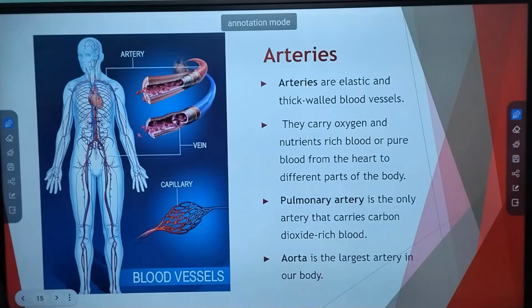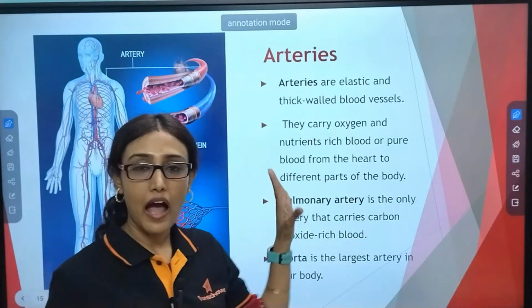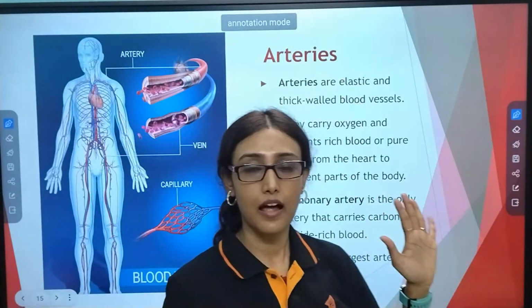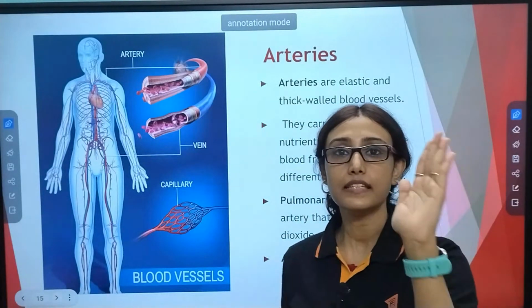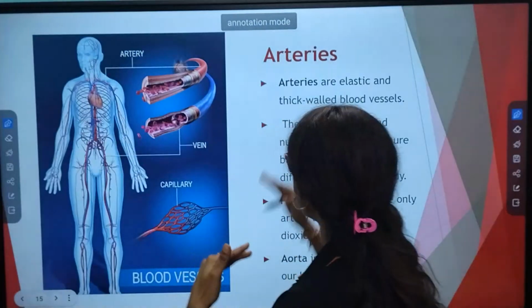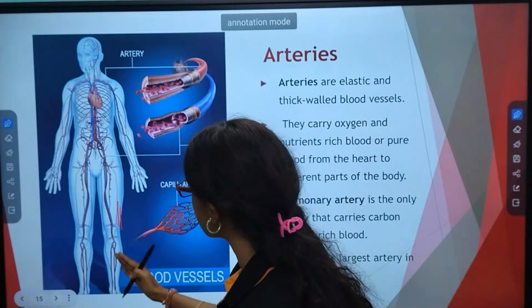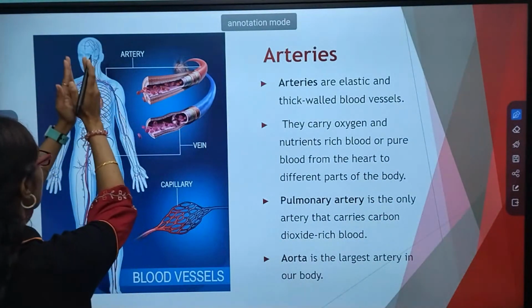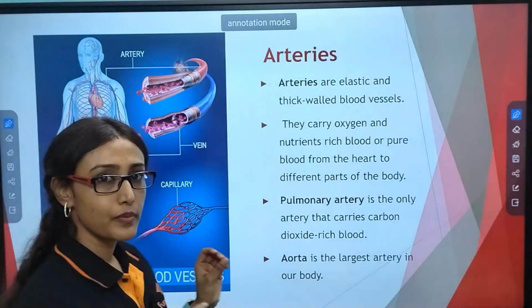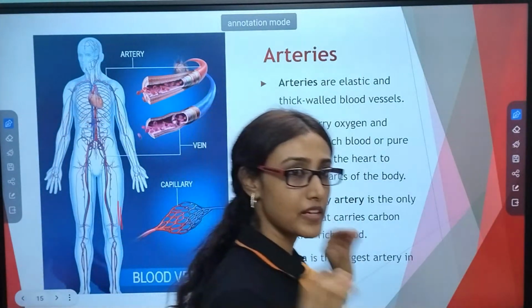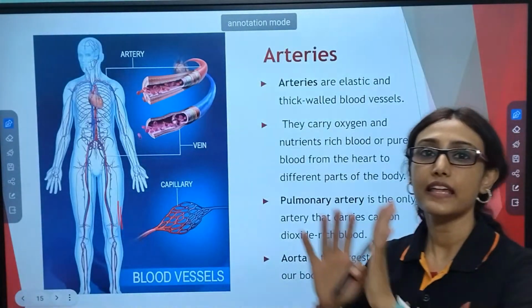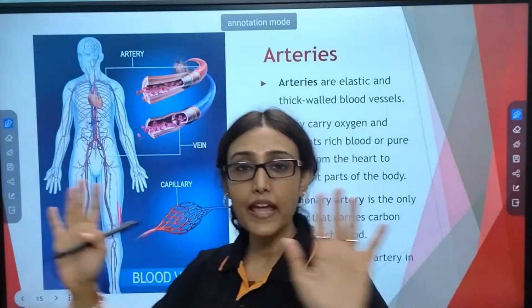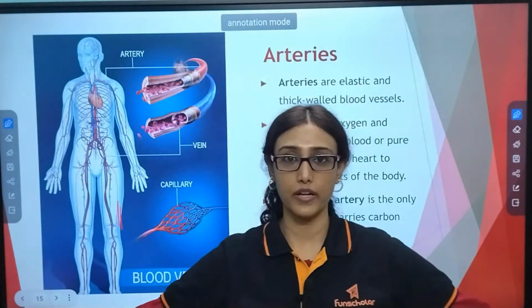Arteries. What does an artery do? I have told you in the previous class, arteries carry blood away from the heart. Away means taking blood which is filled with nutrition and oxygen, and spreading it throughout our body.